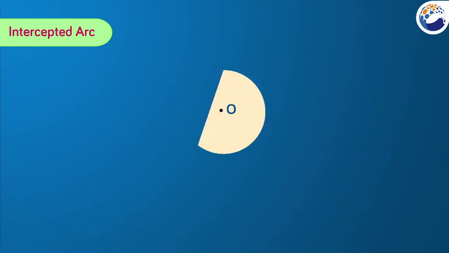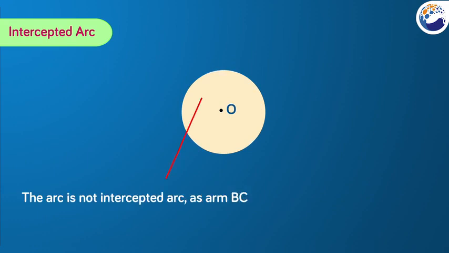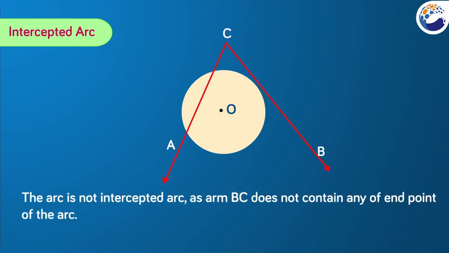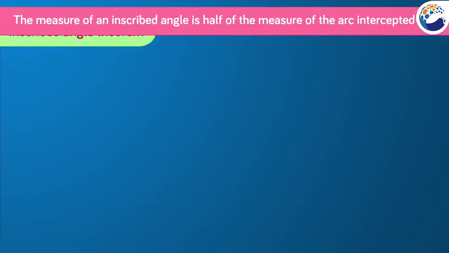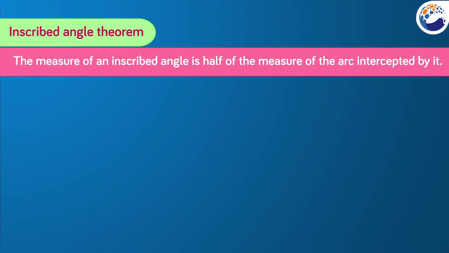The arc is not an intercepted arc as arm BC does not contain any endpoint of the arc. An inscribed angle is half of the measure of the arc intercepted by it.